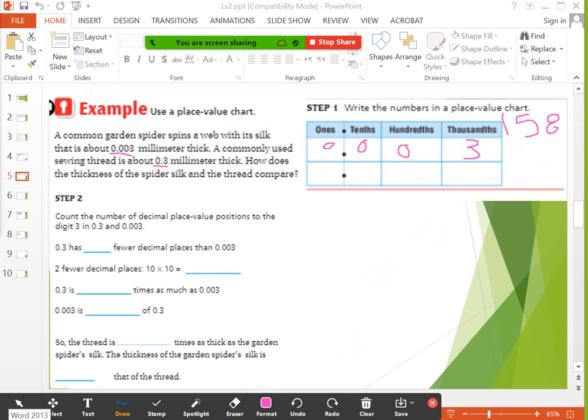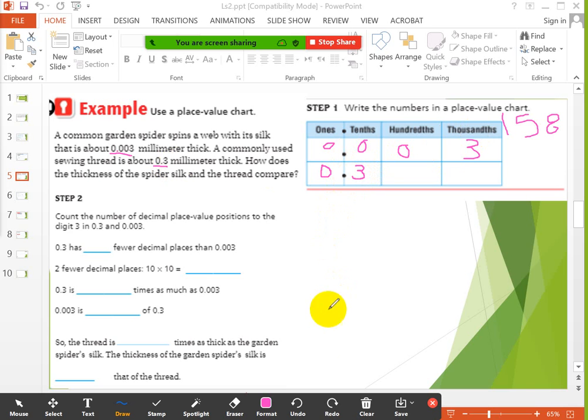Thank you, girls. What about the number here, 0.3? Also, I will look at the point here and order the number in the chart. So I have a 0 in the ones digit before the point, and after the point, 3. That means this 3 will lie on the tenths digit.